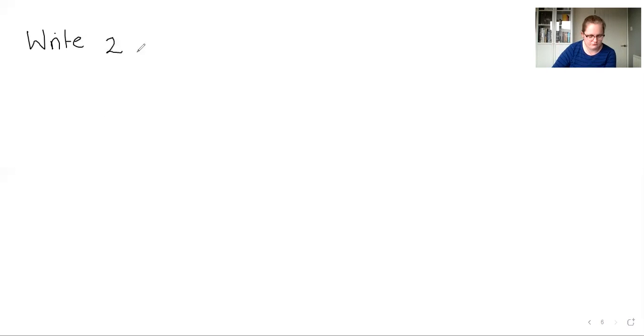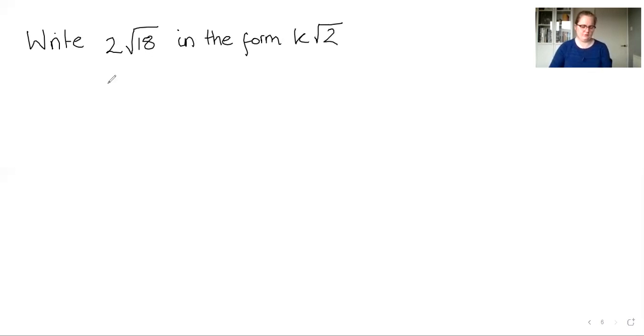So we have, write 2 root 18 in the form k root 2. So again, we're going to ignore that 2 right at the beginning for now and just deal with root 18. What square numbers fit into 18?